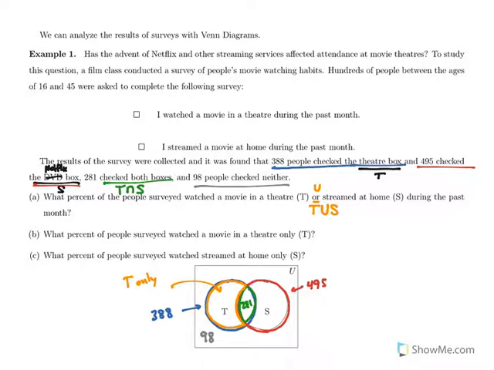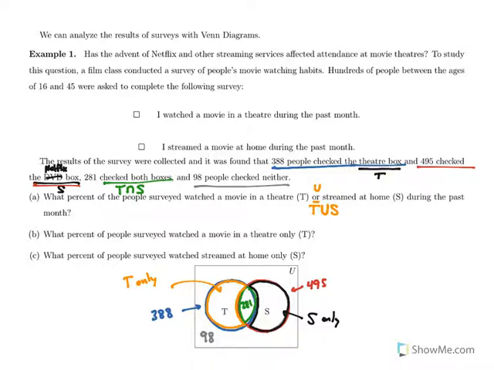And then we also have this little crescent moon on the other side, which is S only, which is what we're looking for in part C. So in this picture, there's actually a lot of different things to label. We want to find T union S, T only, and S only.